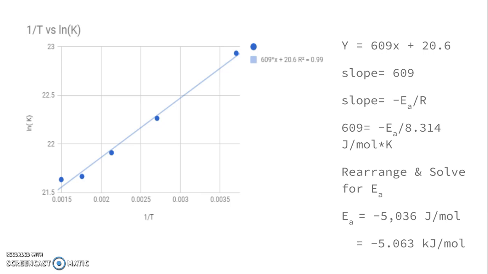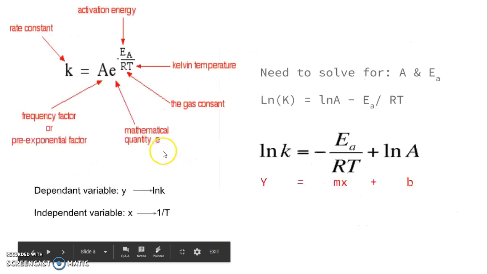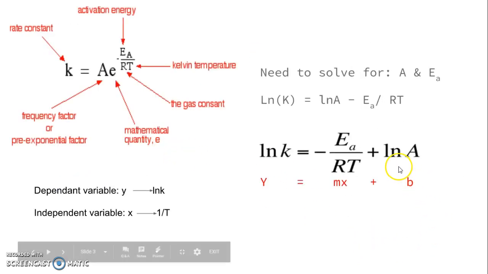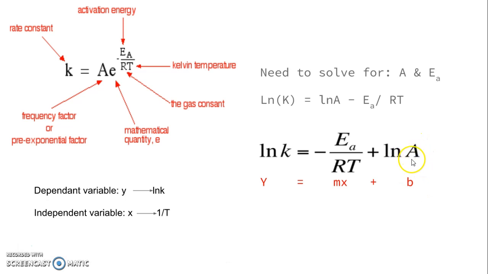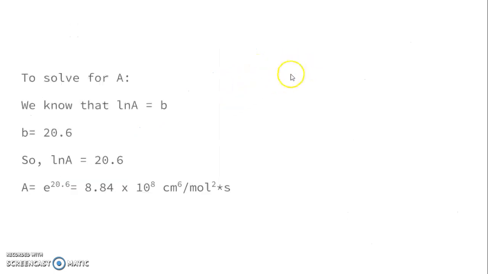Now next we need to find our pre-exponential factor, and we're going to do the same thing. From our equation, we know that ln of our pre-exponential factor A is going to equal b, and we know b from the equation of the line is 20.6.